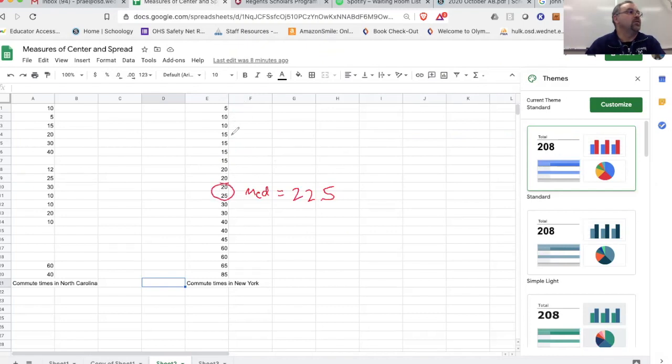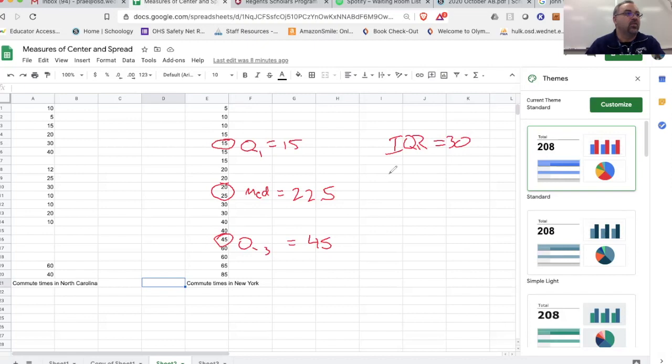Q1 is 15. Q3 is 45. So we have an IQR of 30.